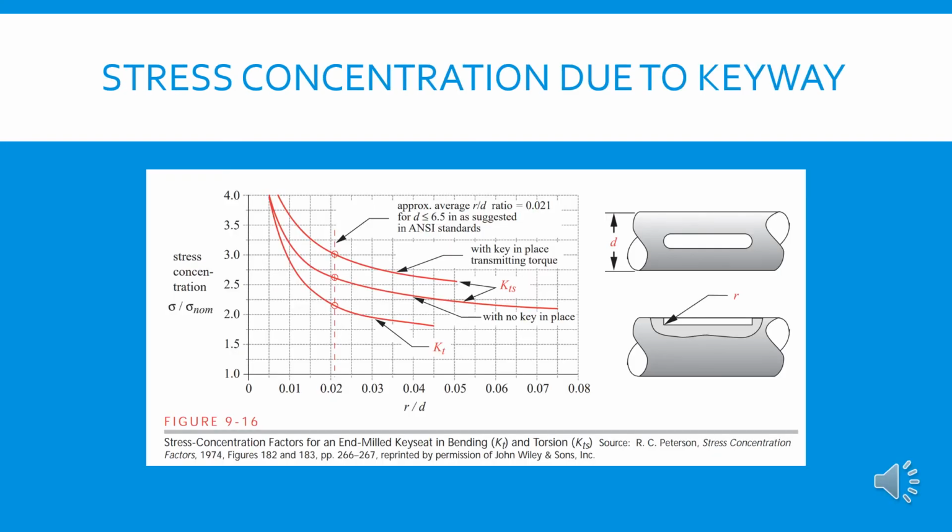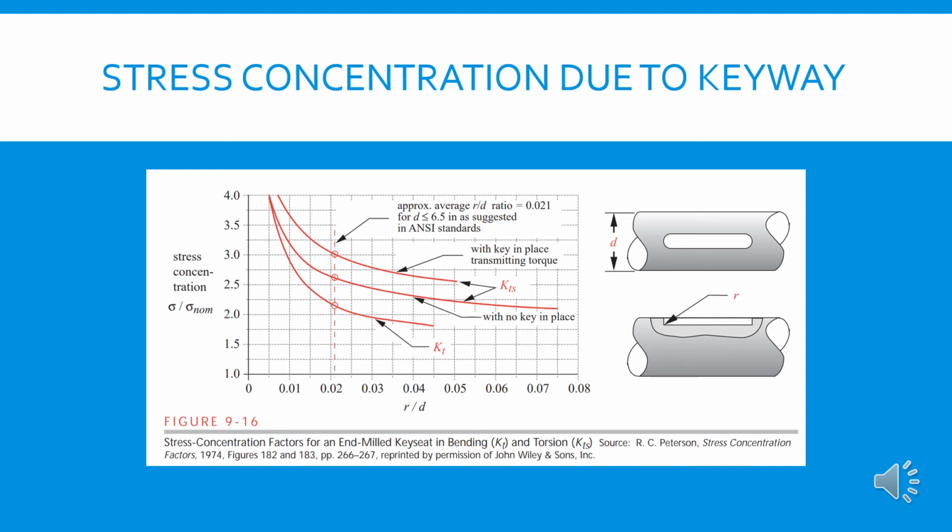As I mentioned earlier, one of the things we have to deal with is stress concentrations. So when you're dealing with shafts, that would typically mean that you have a keyway. If you're driving a component, a sprocket, or a gear, for example, you're going to cut a keyway in the shaft as well as the hub of the gear or sprocket, and that's how you would transmit torque through that component.